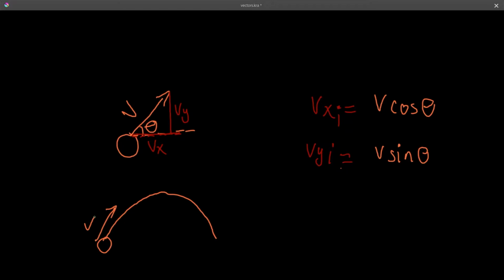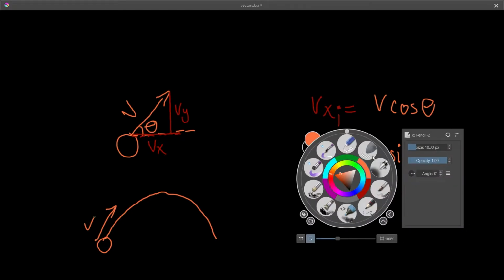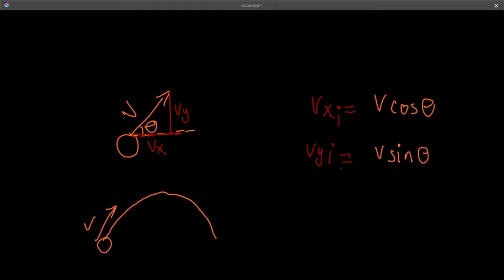In this case, right, a few things that you have to know is that Vx, right, at any point of this path, so at this point at the peak, at this point at the end, at this point at the beginning, every point that you could possibly take at every stage of this motion, Vx will always be equal to V cosine theta.